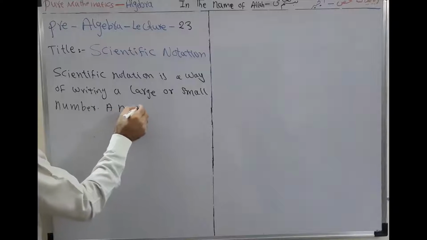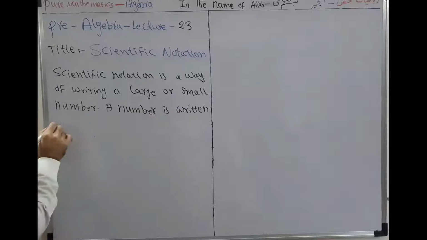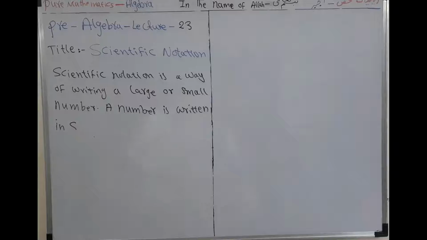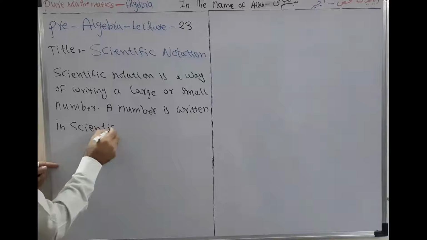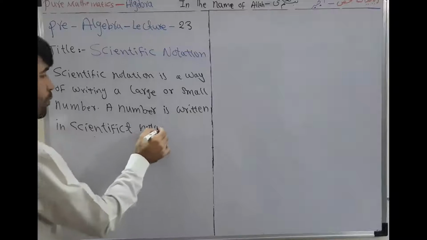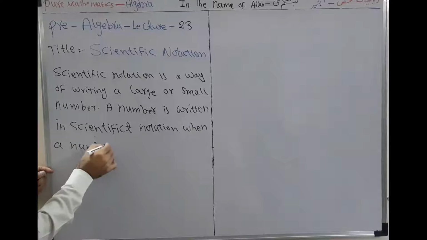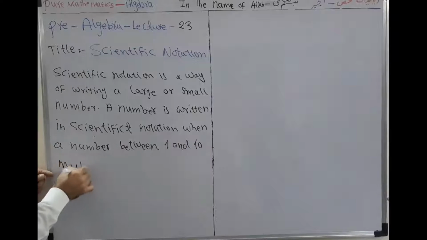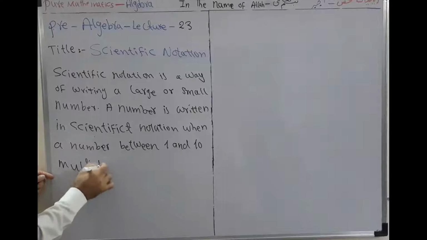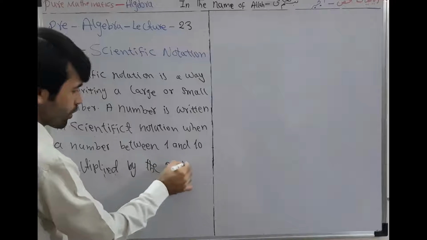A number is written in scientific notation when it is a number between 1 and 10 multiplied by a power of 10.